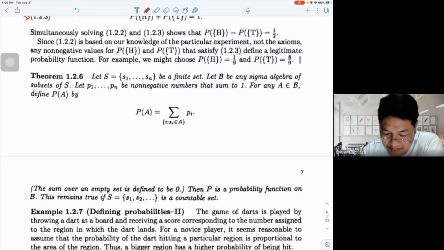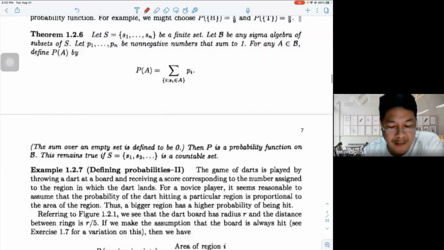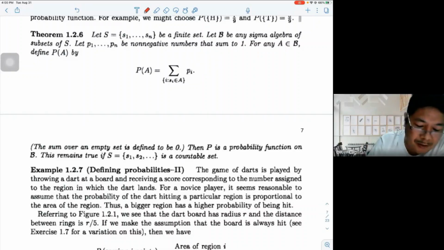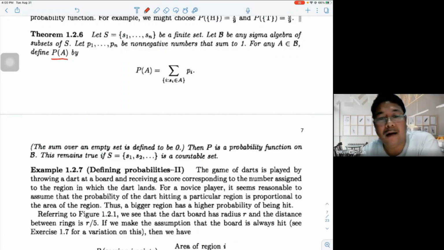We let script B be any sigma algebra of subsets of S. And we let p sub 1 to p sub n be non-negative numbers that sum to 1. Then for any A which is an element of script B, we define the probability of A.